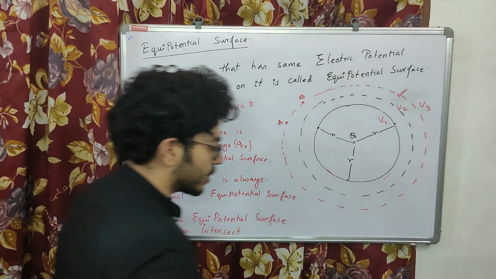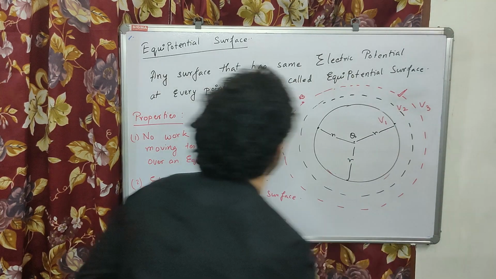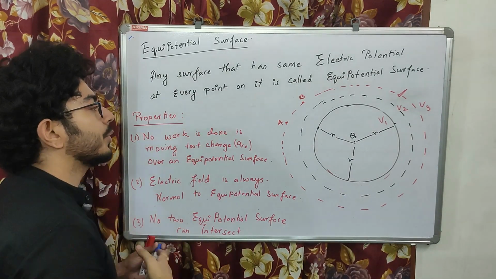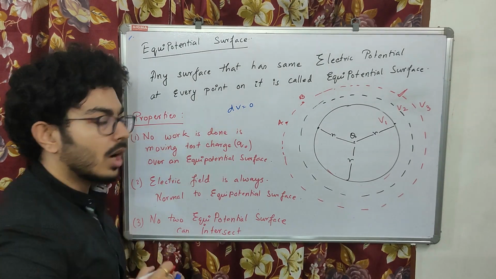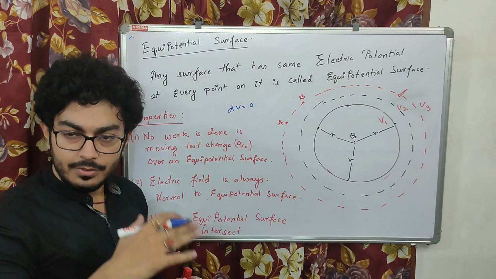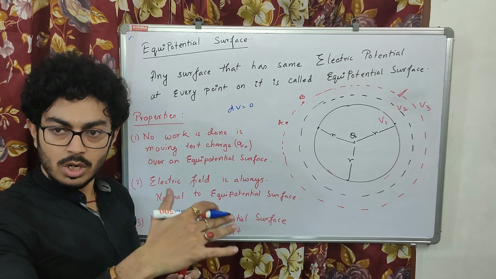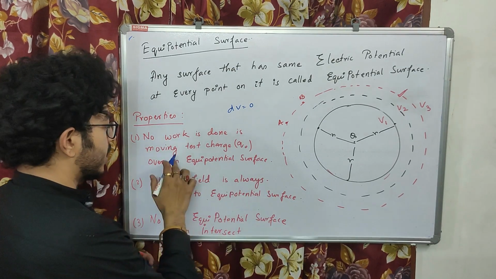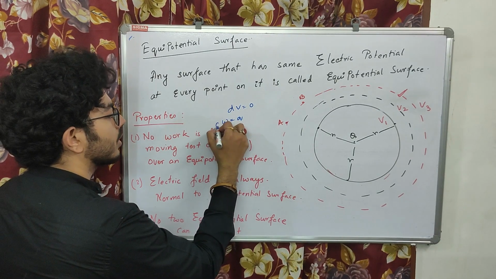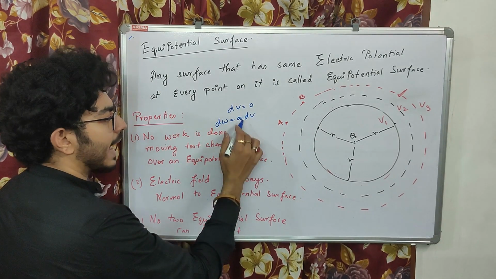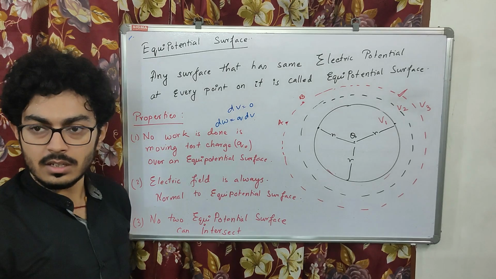As dV becomes 0, let me write it with a blue marker, you are going to understand. Then dV will be equal to 0. Then how much will the work done be? Work done will be Q naught into dV. If you move your test charge, dW will be Q naught into dV. As dV is 0, no work is done.